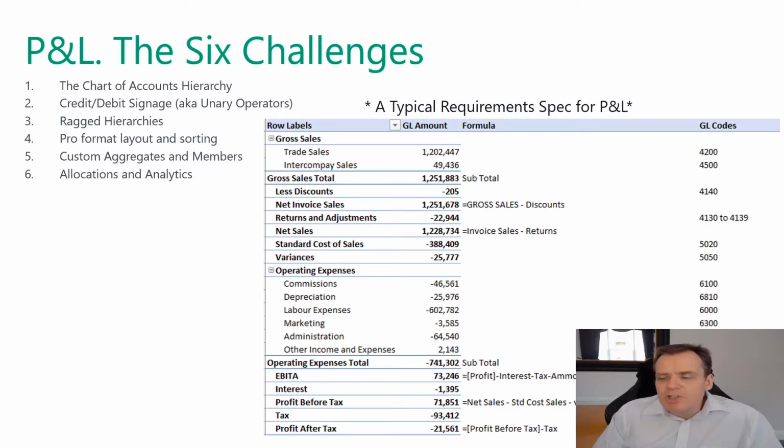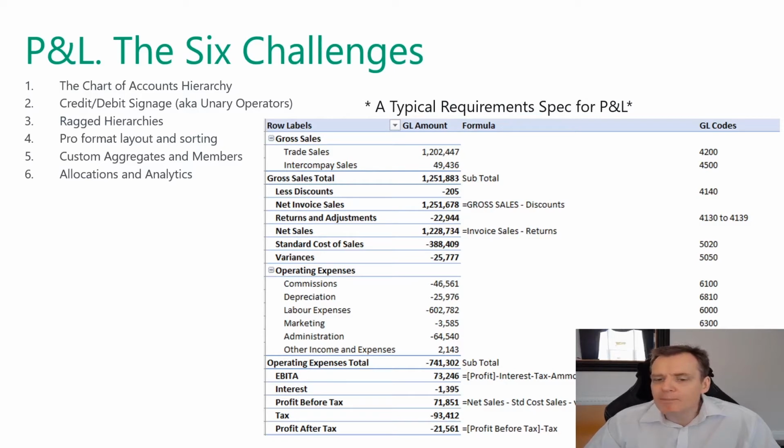So let's look at some of the challenges of profit and loss, or income statement, as the Yanks call it. We're going to go through this in a lot more detail in the rest of the presentation, but what I've put on the right hand side of the screen is the sort of spec that you might get from a team of financial accountants.